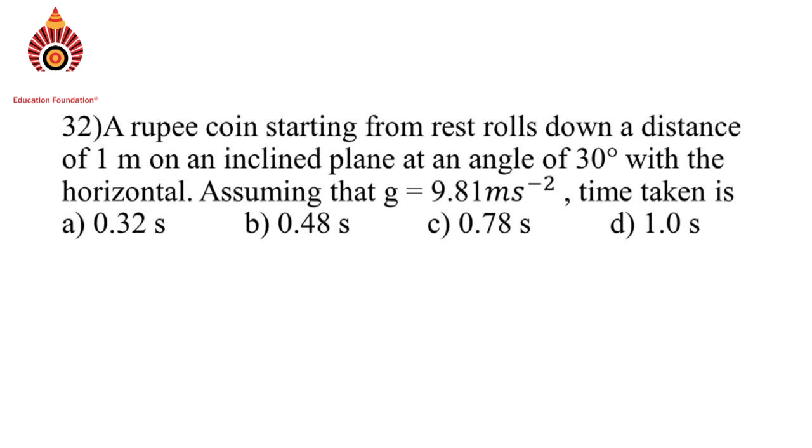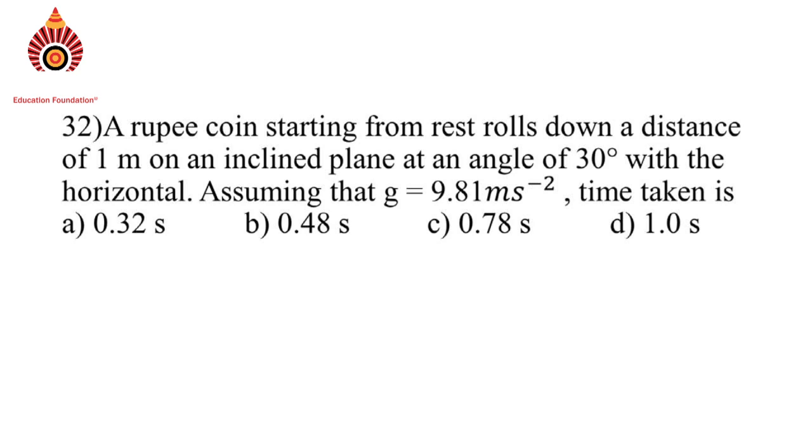T is equal to the root of 2L by g sin theta into 1 plus I divided by mr square. You know that for a coin, which is a disc, the moment of inertia is mr square by 2.